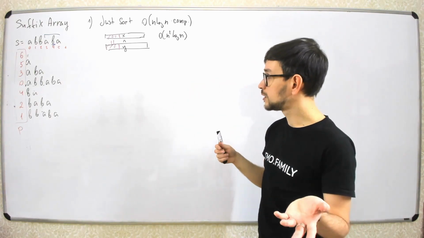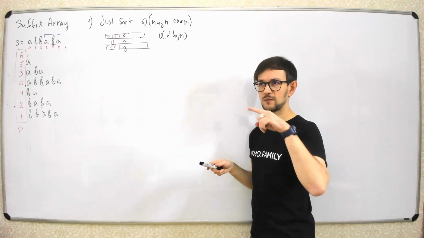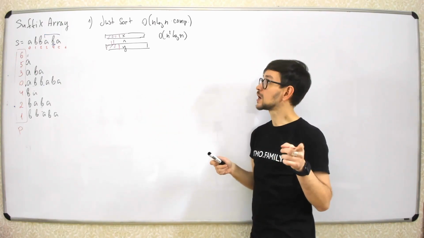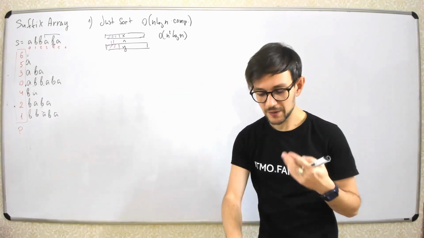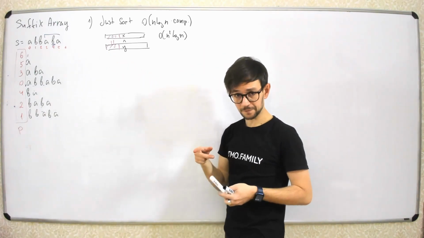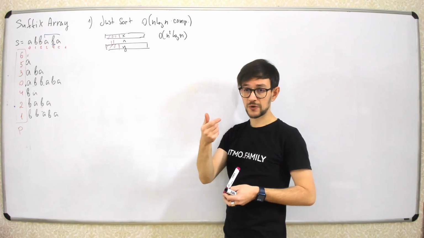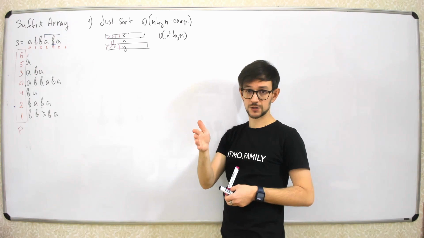So how can we improve it? We can use hashing from the previous lecture. To compare two strings, we need to find the maximal common prefix of these two strings, and to find it we can use binary search with hashes.